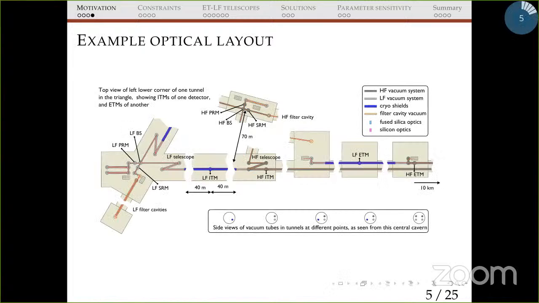To bring some of this together, this is an example schematic of one of the corner stations of ET, which has been shown in a few other talks in this symposium over the past few days. It shows the optics for both LF and HF in one corner station, with example configurations for the LF and HF telescopes given here.